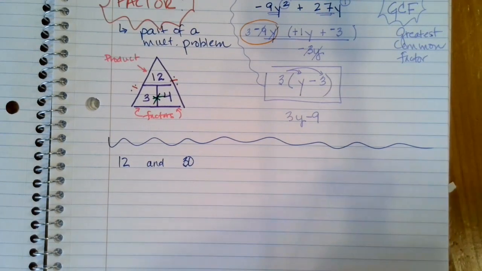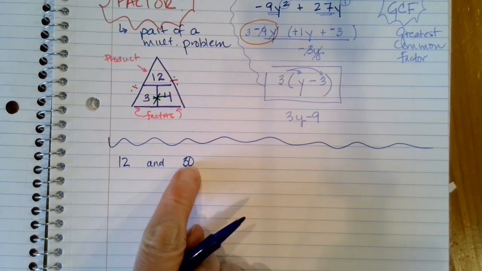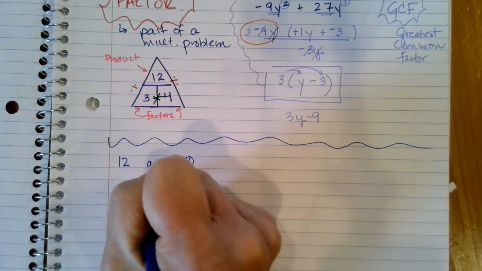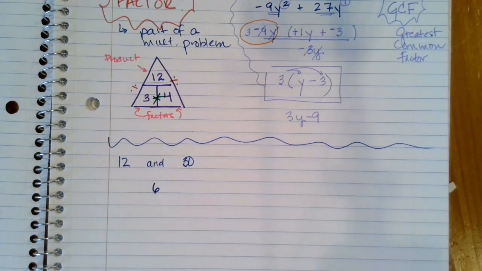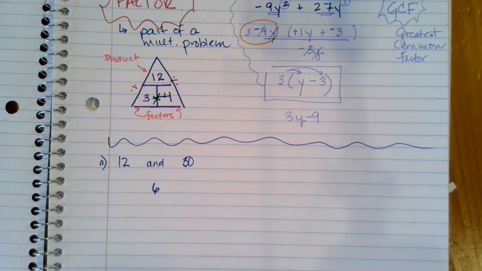Now, if you're good with your math facts, you know that a 6 goes into 12 and a 6 goes into 30. So the biggest number that comes out of them both is 6. Well, let's say you didn't know that. What other options could we do?